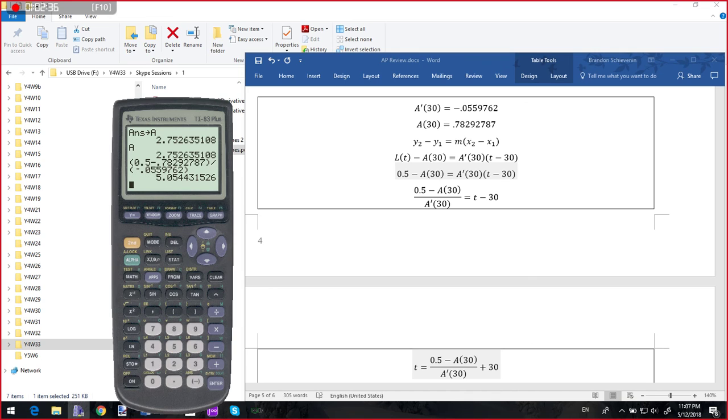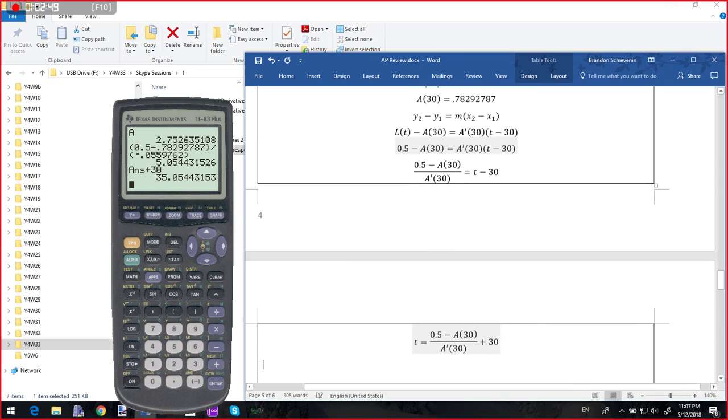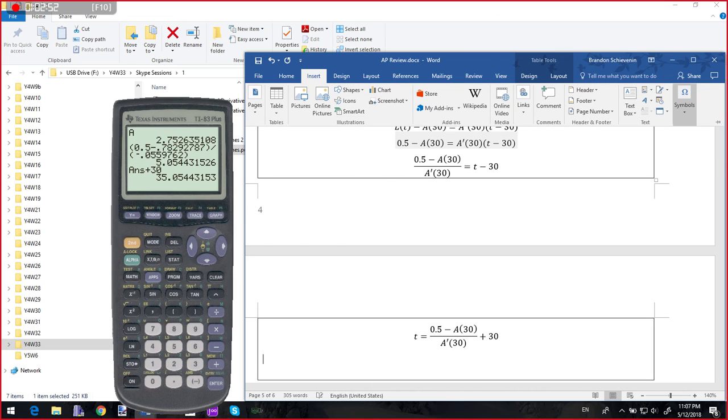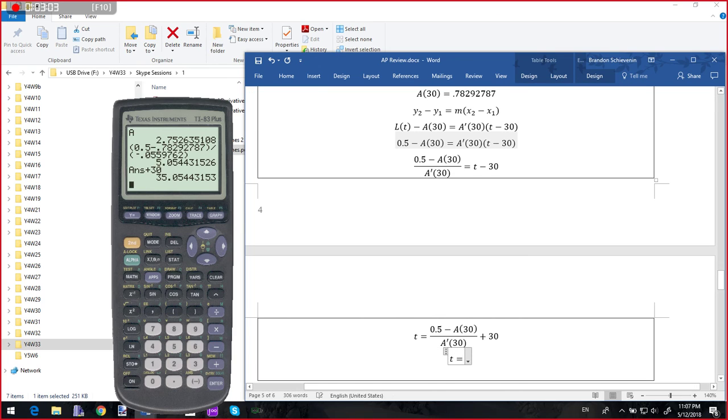Okay, I'm just going to hit enter and we'll add 30 to that. So, okay, that's 35.054. I should round down. So t equals 35.0544.